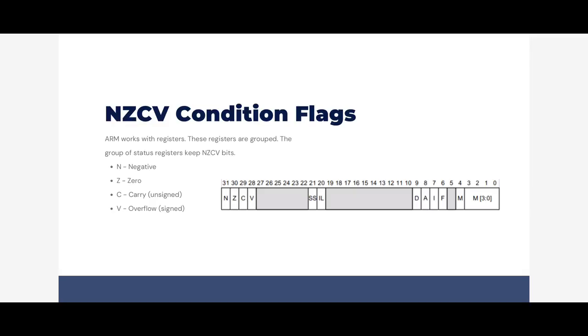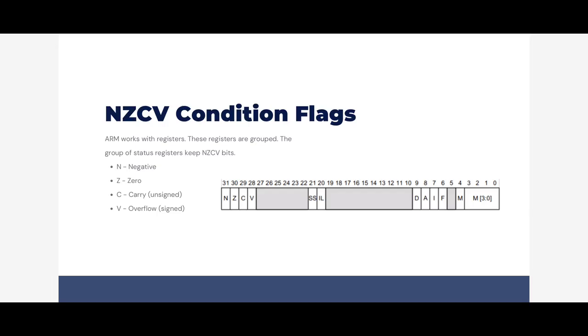On the CPU, if any arithmetic operation comes up with a negative value, in this case the N bit becomes 1. If the result is 0, the Z bit becomes 1. And if there is a carry for unsigned operations, the C flag becomes 1.